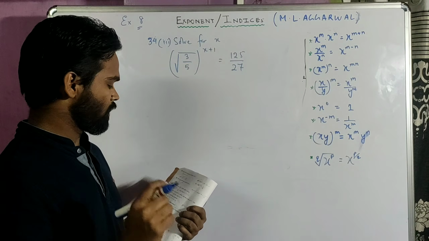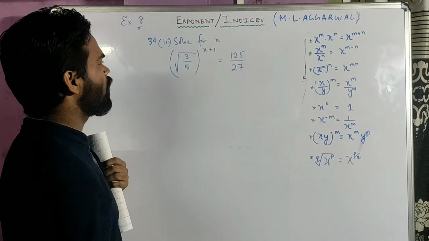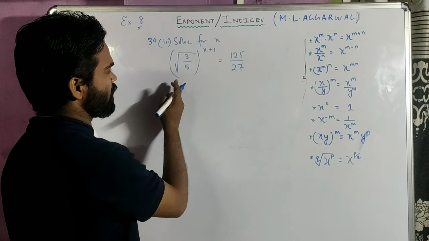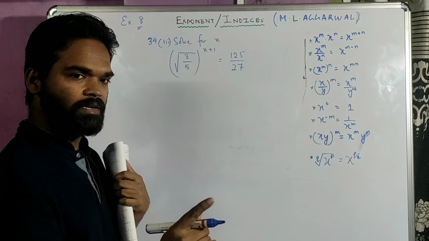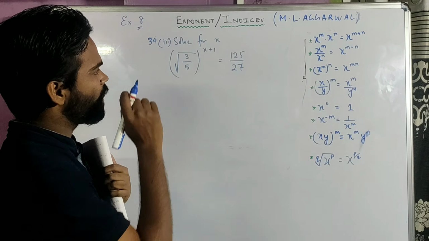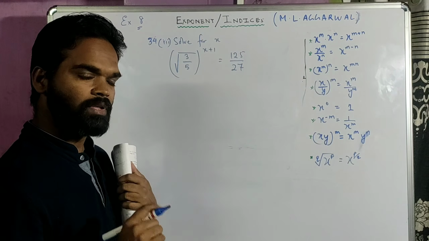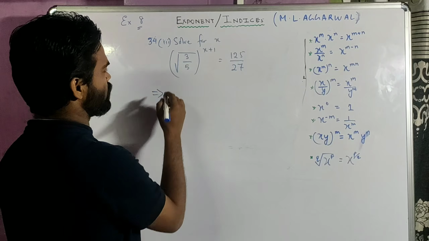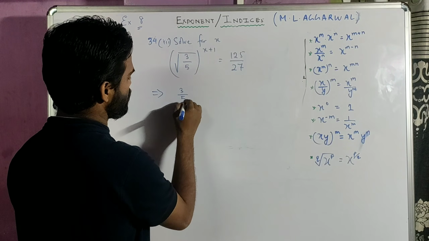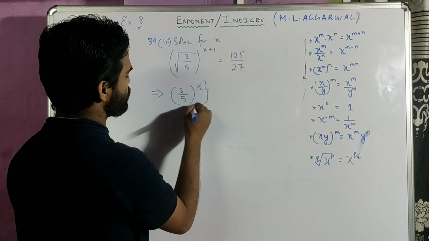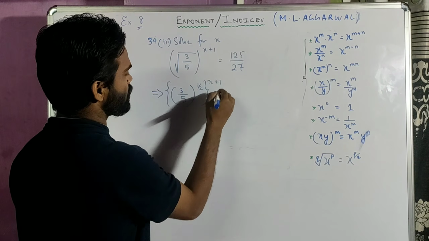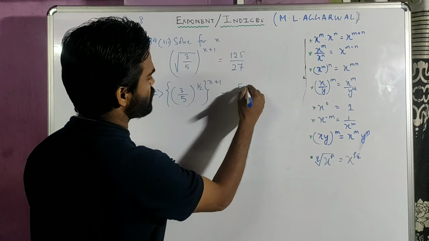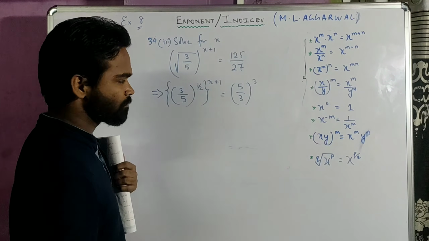Now look at 34 part 3, where it says solve for x and they're given an equation. Now we know that if bases are same on both sides, then you can equate the powers, and our unknown variable is the power only, so we'll try to use that. Now this square root can be written as 3 by 5 to the power half, isn't it? And this can be written as 5 by 3 whole cube, if you see.